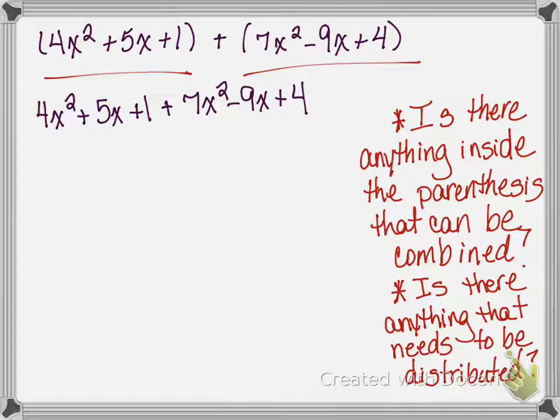Okay? So now I'm looking for like terms. I have 4x squared and 7x squared. 4x squared plus 7x squared is 11x squared.